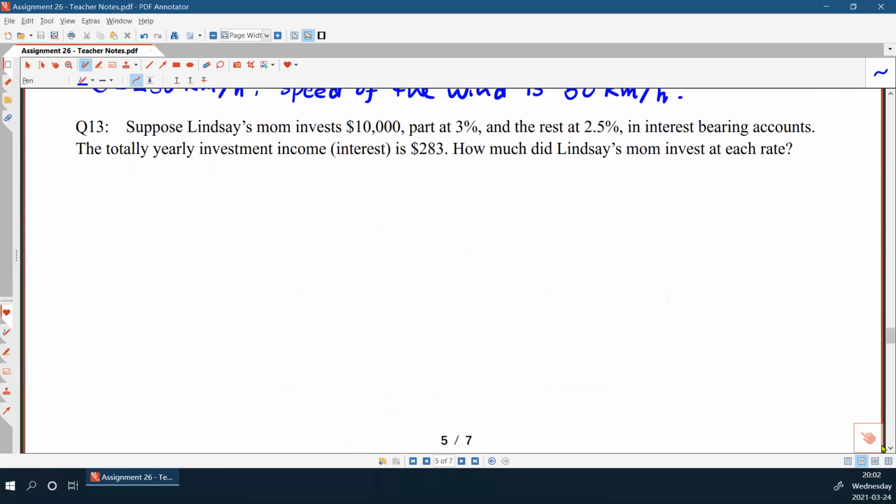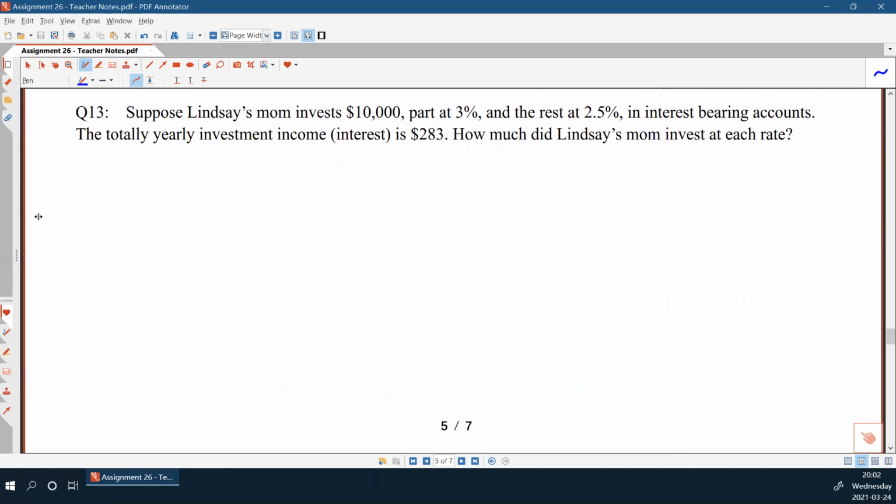Question 13. Suppose Lindsay's mom invests 10,000, part at 3% and the rest at 2.5% in interest-bearing accounts. The total yearly investment income interest is 283.